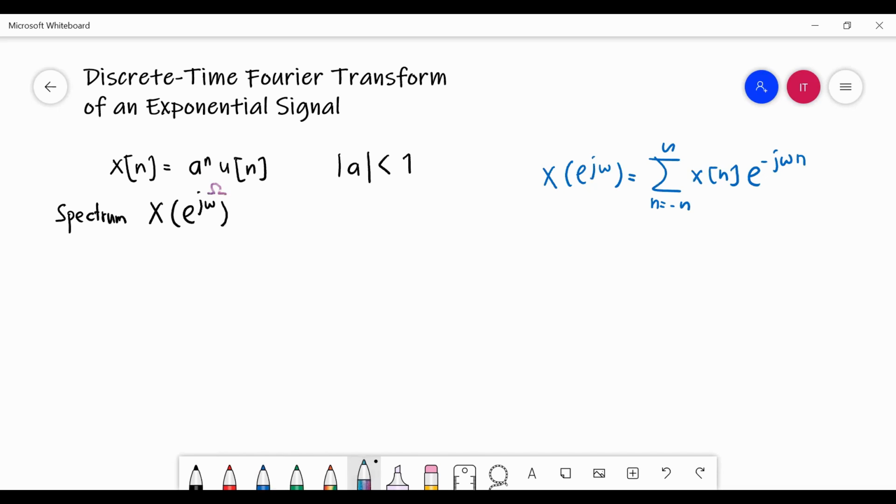Some books use big omega here and also big omega here. It has the same meaning. So by knowing that, we can directly put our x[n], our signal, into the equation.